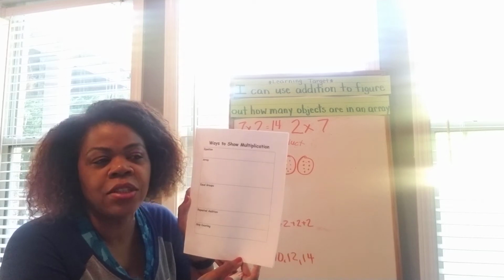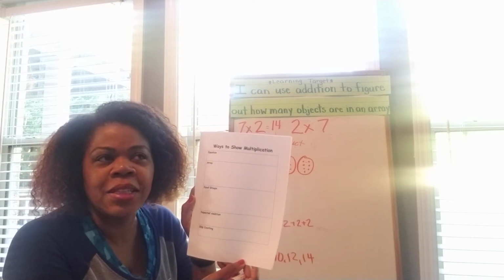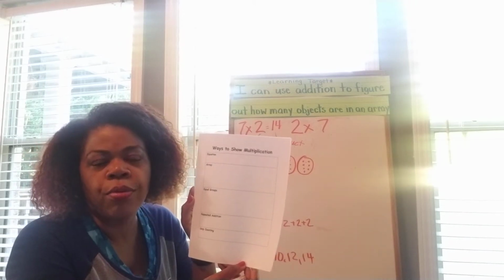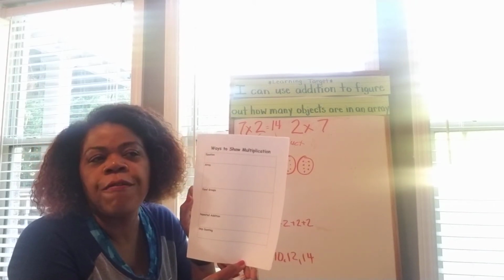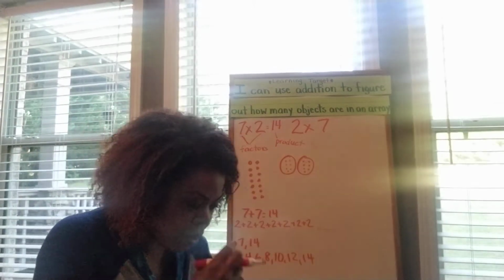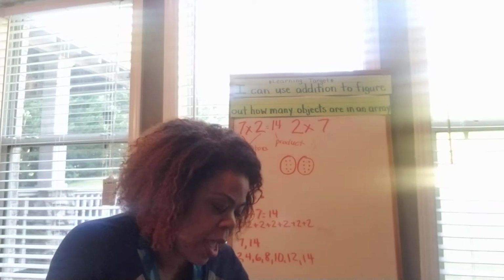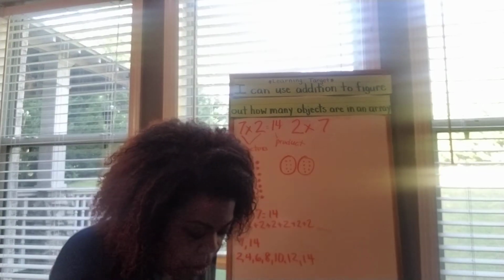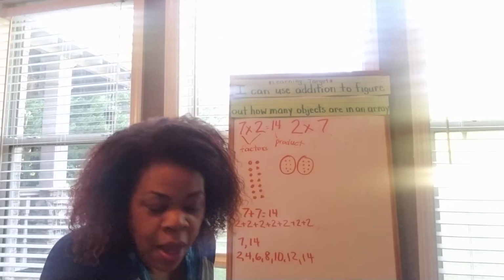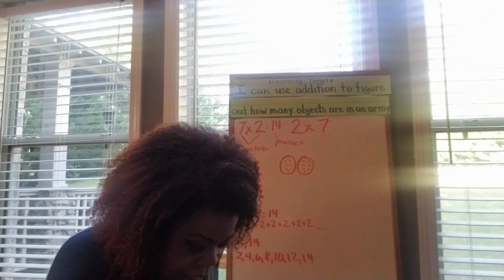So like 6 times 4, 8 times 2, 3 times 5, 4 times 7, something like that. Don't do like 10 times 8. No double digits.